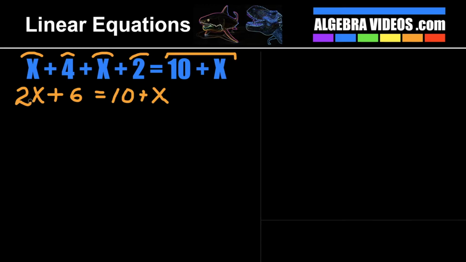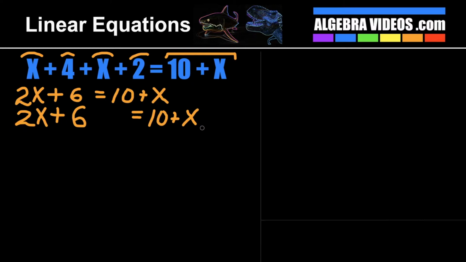I have an x term on the left and I have an x term on the right. Tell you what, let me first rewrite this equation as 2x plus 6. And I'm going to leave a little bit of space here. And then that equals 10 plus x. I'm just rewriting it.